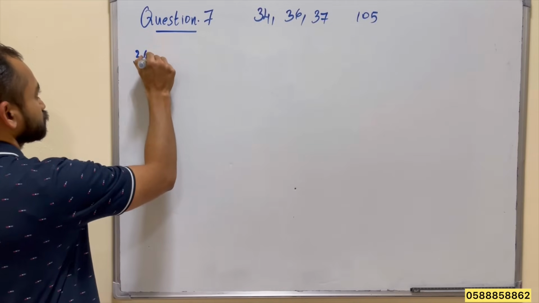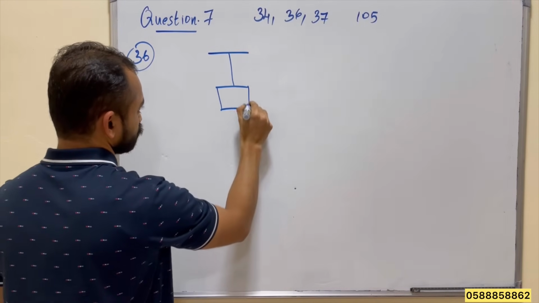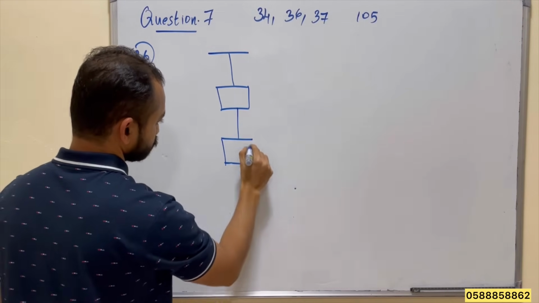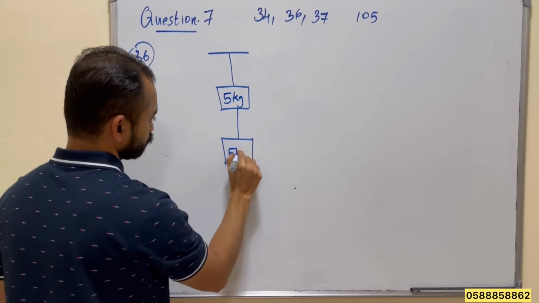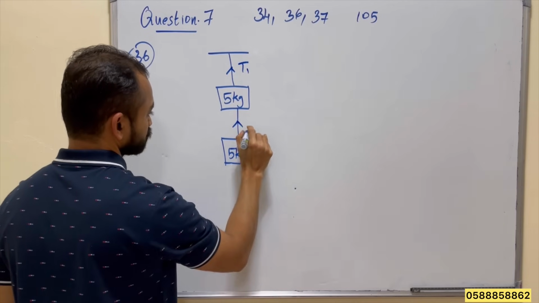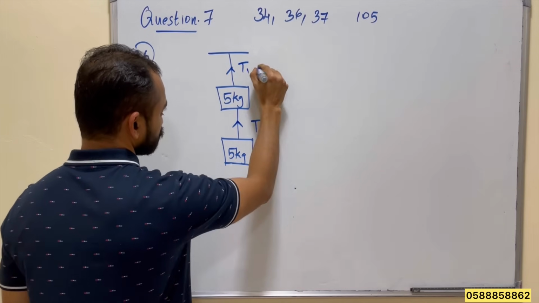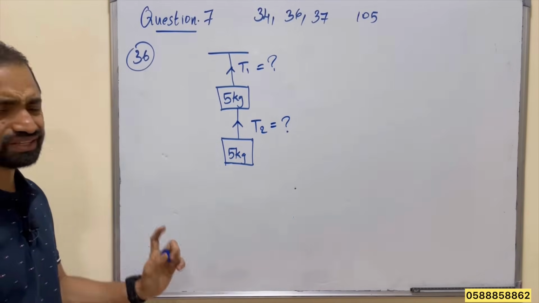Question number 36, like this: a ceiling, rope, and another rope. This is 5 kilogram. This is also 5 kilogram. So in the first rope there will be tension, T1. In the second rope there will be tension, T2. How to calculate T1 and T2? It's very easy.